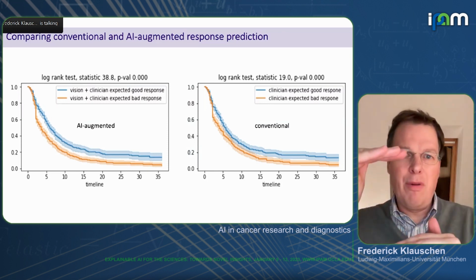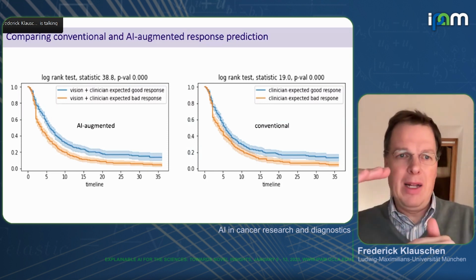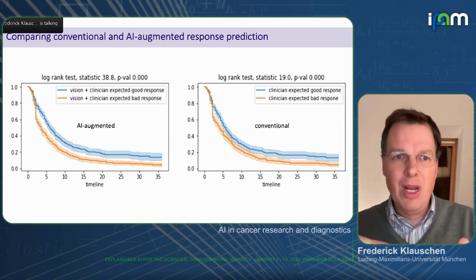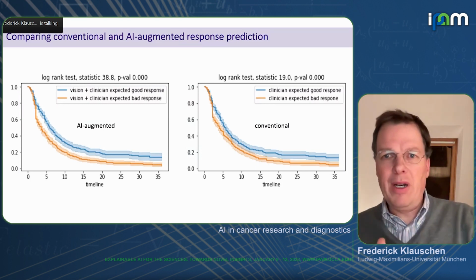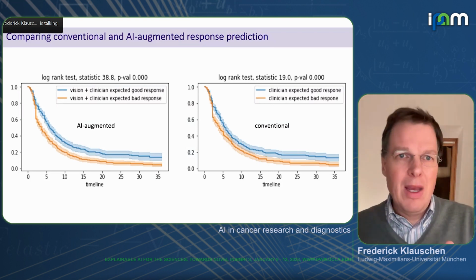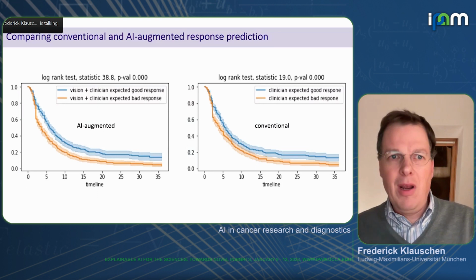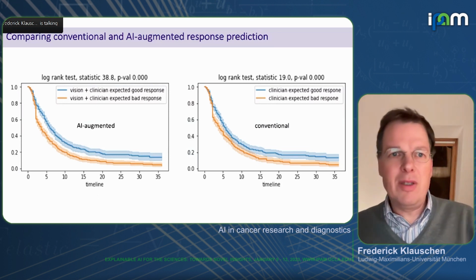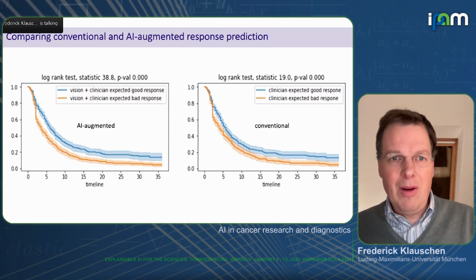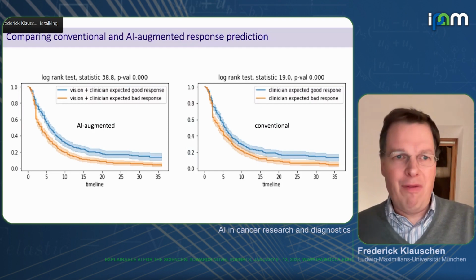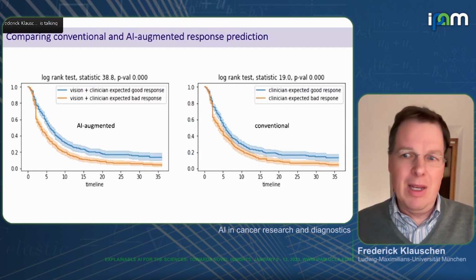They lie a bit further apart. That means the stratification using the AI approach is improved compared to the conventional approach. And that may, as I just said, make a difference whether a large clinical trial that costs $1 billion, or drug development, fails or is a success.